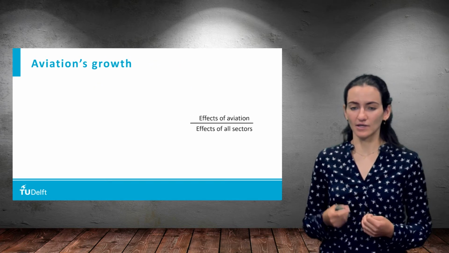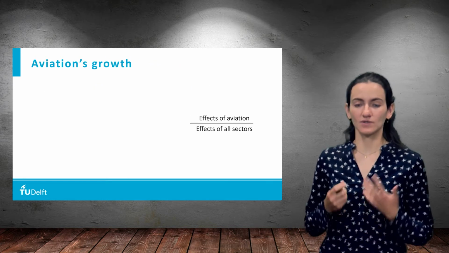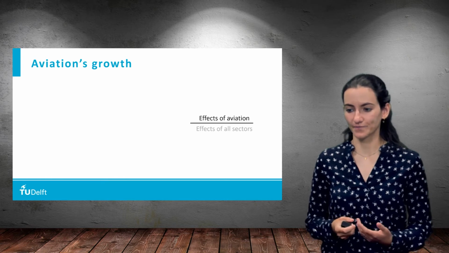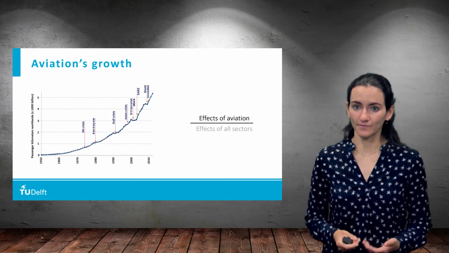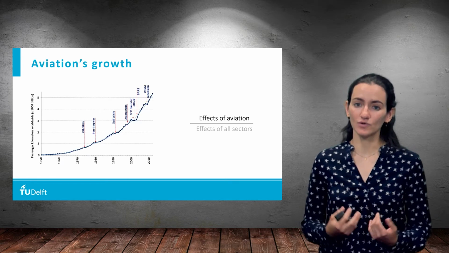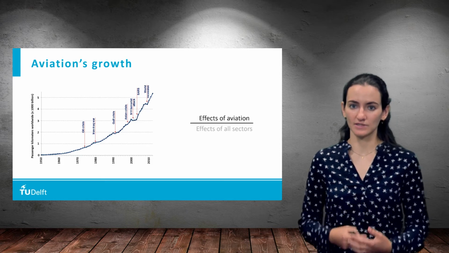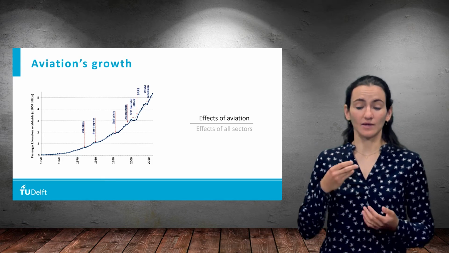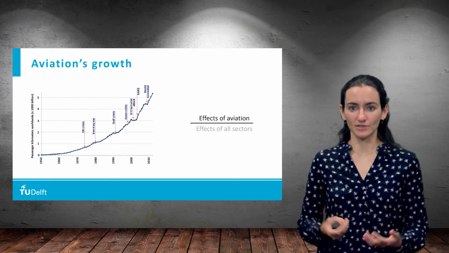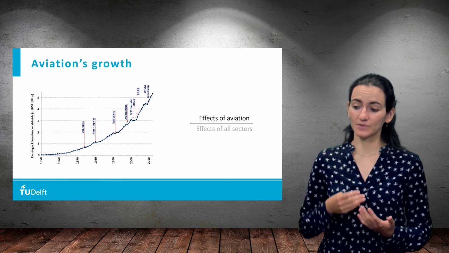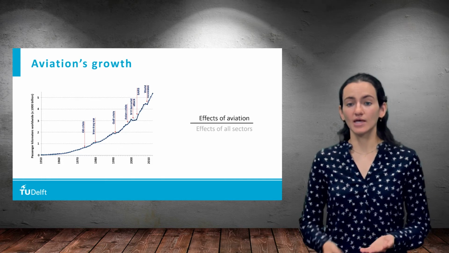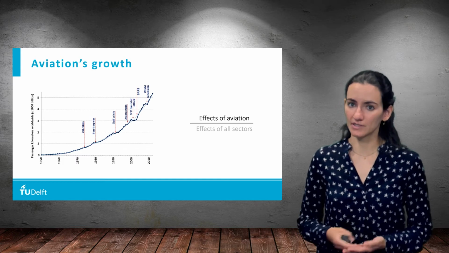So, let's look at the effects of aviation. Let's look at the numerator of this fraction. You've seen this plot before. This is a plot that shows the growth of aviation activity, specifically the revenue passenger kilometers, over time. And what we see is that aviation is growing despite different setbacks throughout history.